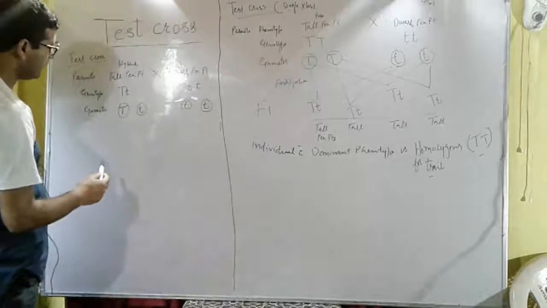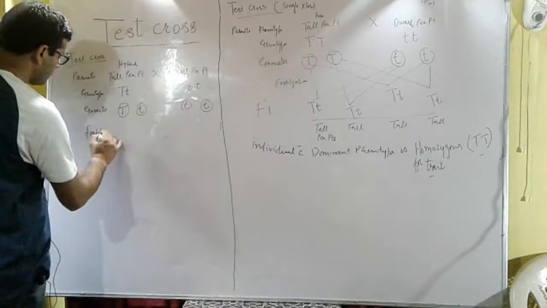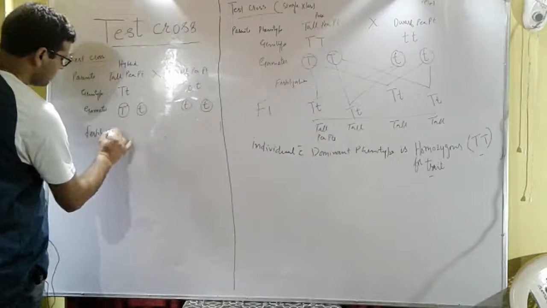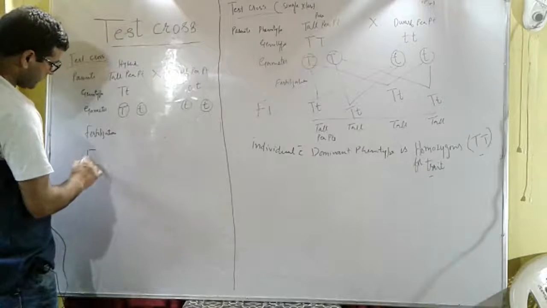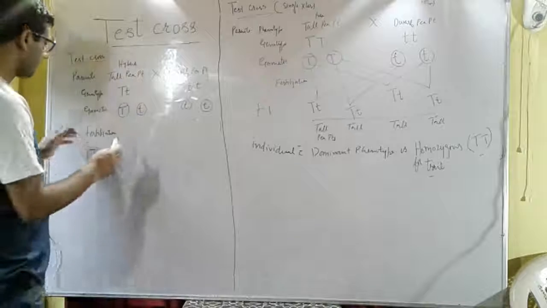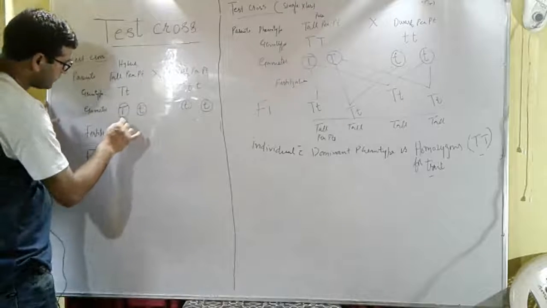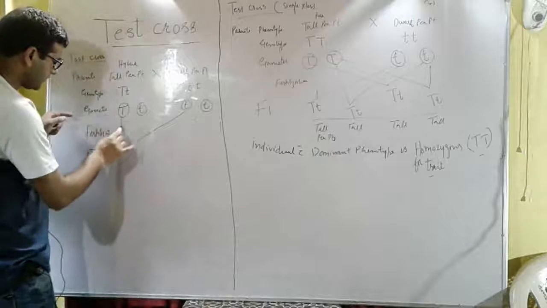Then there is fertilization, random fertilization, and we will get the F1 generation, first filial generation. Obviously this gamete will fuse with this gamete. It would be like this.